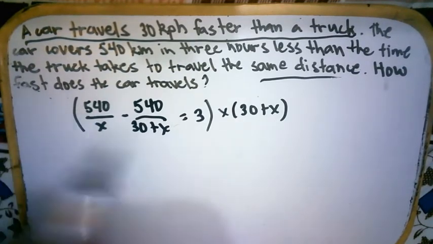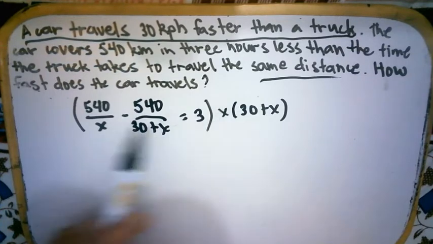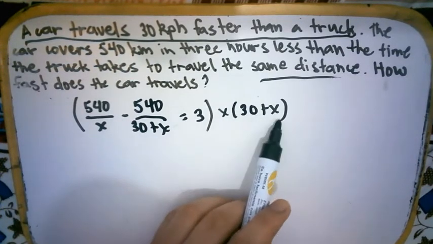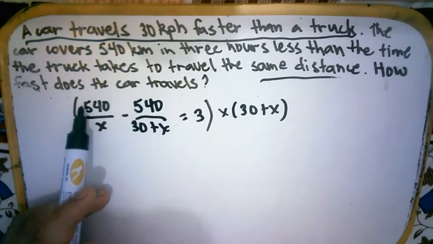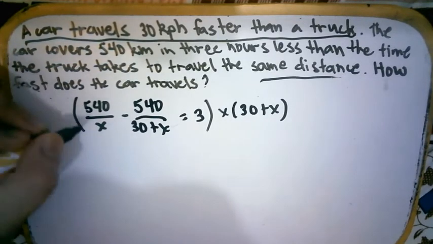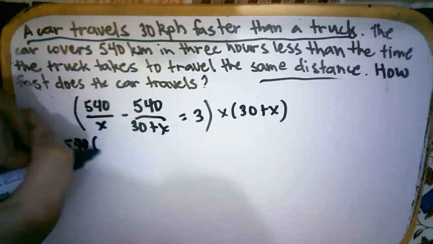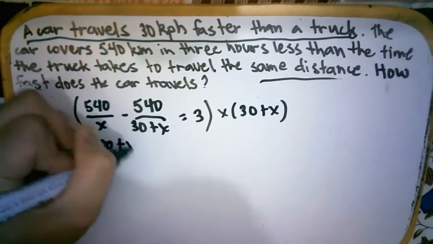So to cut it short, i-cancel na lang natin yung x and then idiretso natin i-multiply yung 30 plus x sa 540. So i-rewrite muna natin yon. So it will become 540 times 30 plus x.